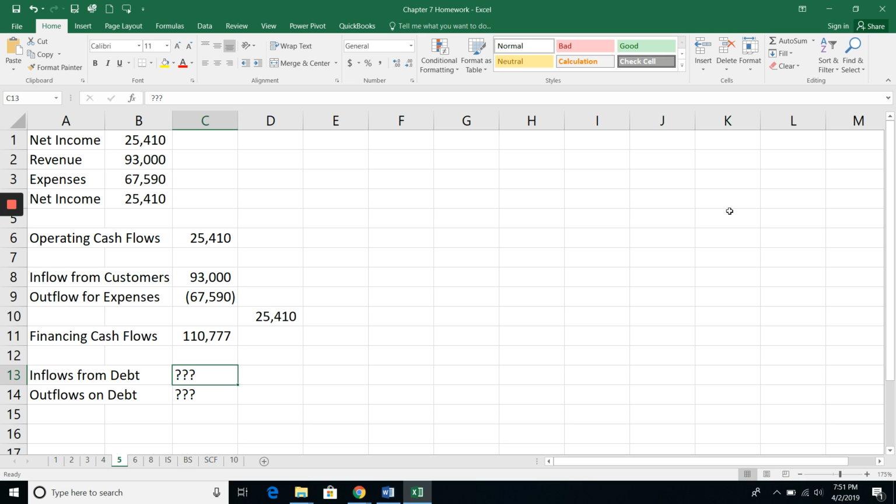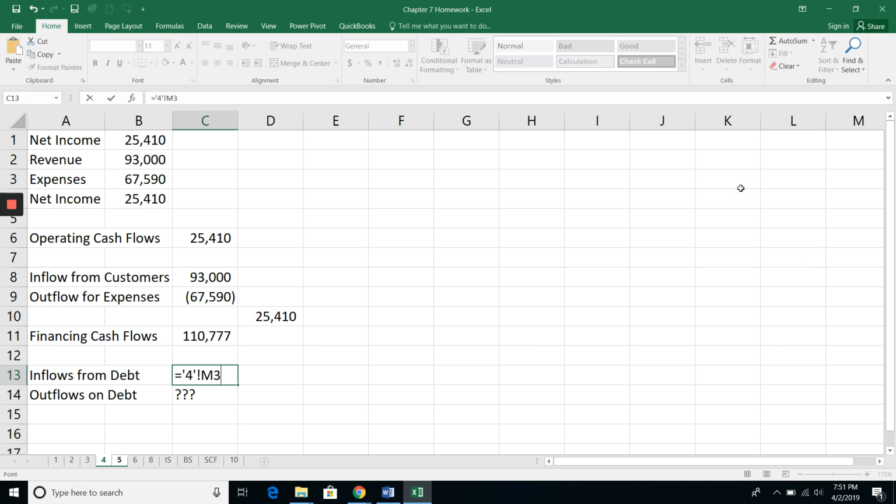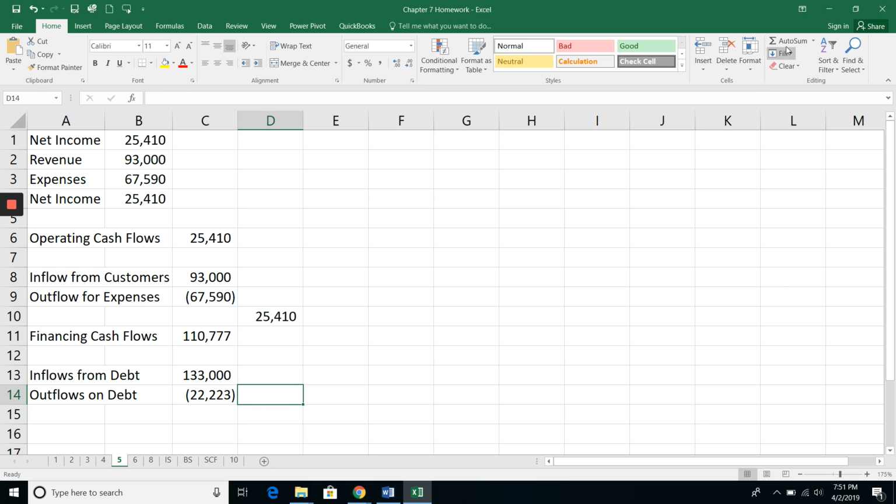We could also look at our inflows from debt and our outflow, our principal payment on our debt, and the grand total of that again is 110,777.